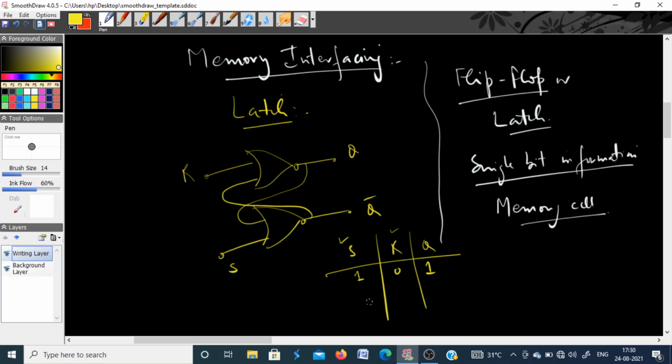Similarly, if you apply 0 0 after this, there is no change, the output remains at 1. If you now apply 0 to S and make R as 1, it is reset, the output is 0. Similarly when it is 0 0 after 0 1, there will be no change, the output will remain at 0. And there is an intermediate state when we apply 1 1, which we generally avoid.